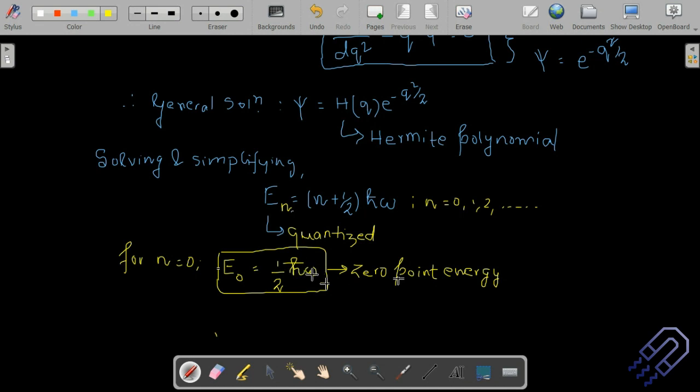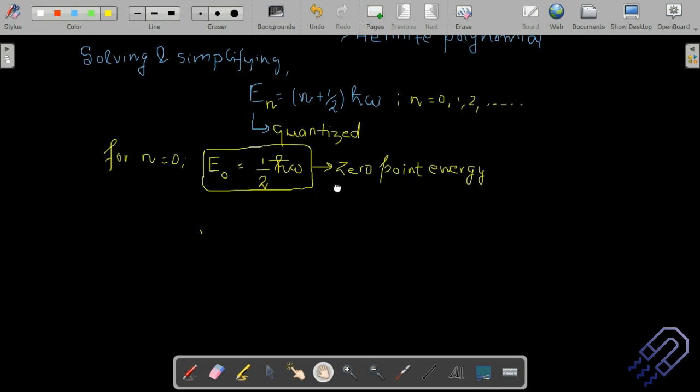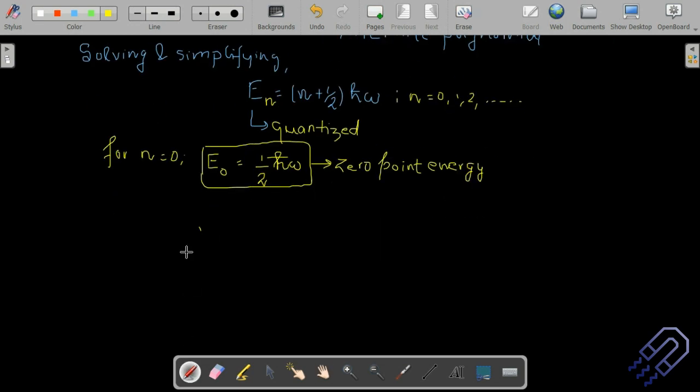So that means this omega cannot be zero. h cross is something which we know is not zero, 6.6 into 10 to the power minus 34 joule second. So if you do the calculation, you know what is the energy in the ground state. What important point I'd like to tell you, one more thing here is, for example, let me write down something like a note here.